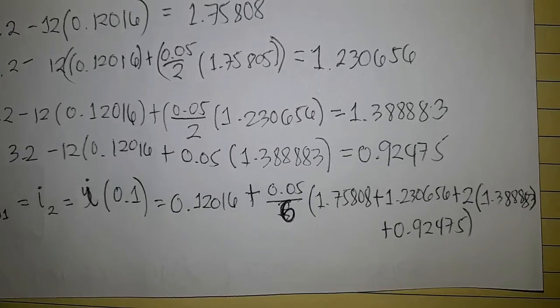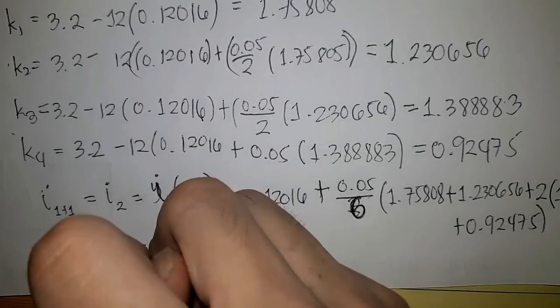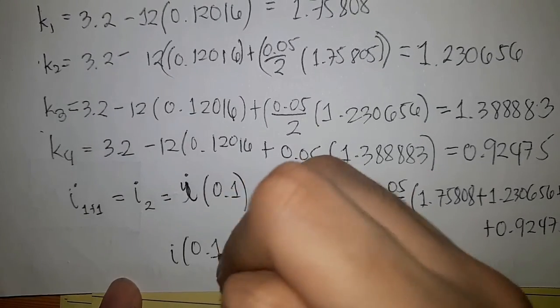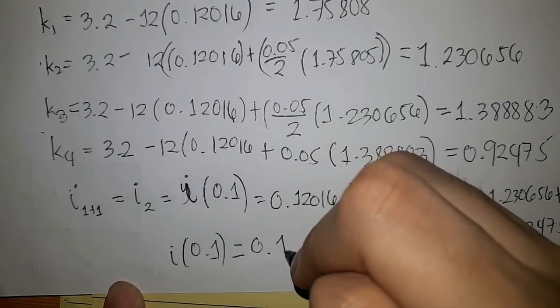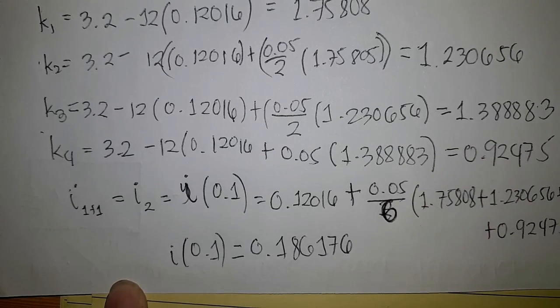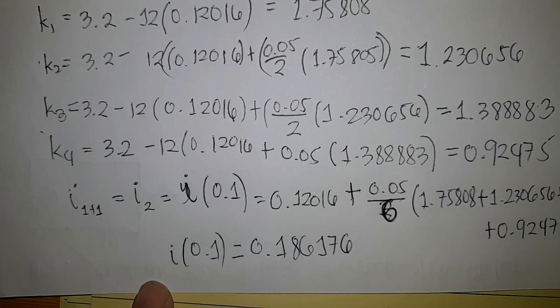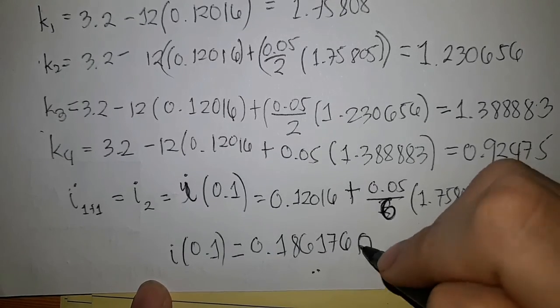So the value of the current at t equal to 0.1 is equal to 0.186176. It is a current, so the unit for this value is ampere.